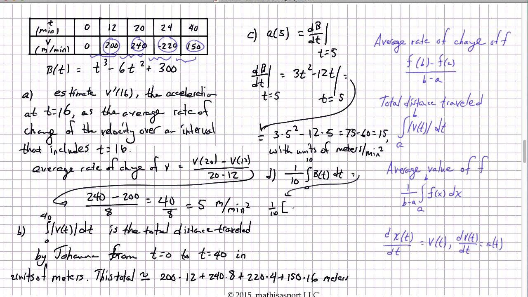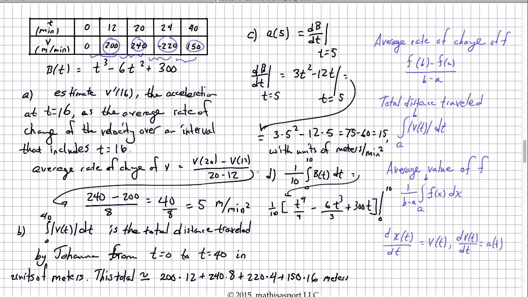The integral of t cubed is t to the 4th over 4 minus 6t cubed over 3 and then plus 300t, all evaluated from 0 to 10. Now the value at 0 is manifestly going to be equal to 0.